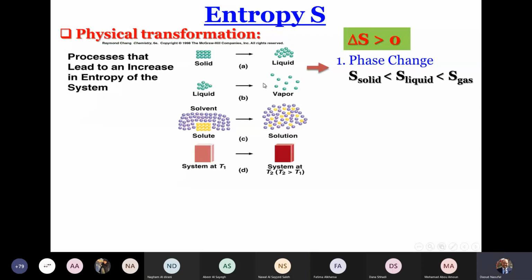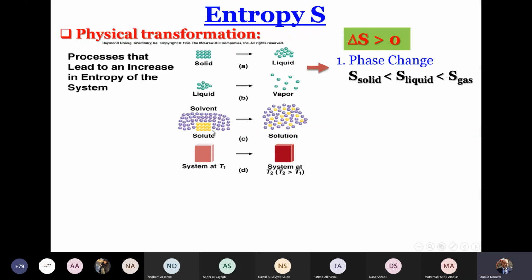Suppose we have liquid to vapor. The particles of the vapor are less organized or less ordered, so S of the gas is greater than S of the liquid, and delta S of this transformation, which is the vaporization, is positive. In transformation C, we have dissolution. We dissolve a solute in a solvent to obtain a solution.